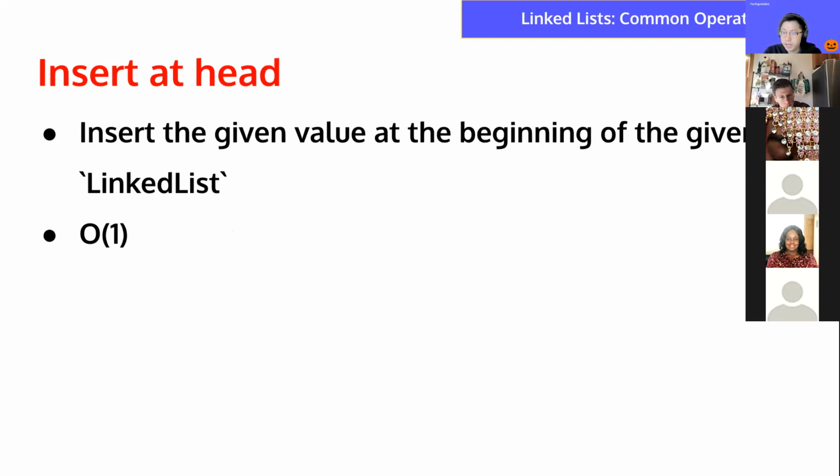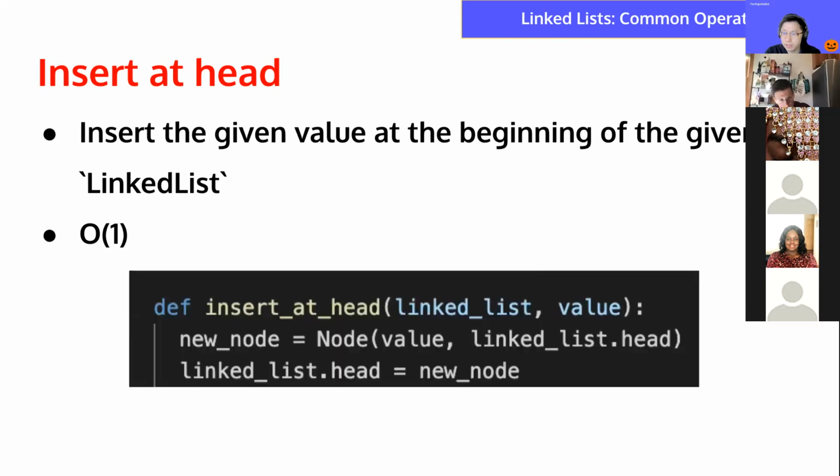Moving on. Now we have an operation that says we want to insert at head. So we want to update whatever head element that we have, and this can be done in O(1) time. So here, what we do is we essentially create a new node with this new value, and the next pointer or next reference is going to be pointing at the current linked list head.